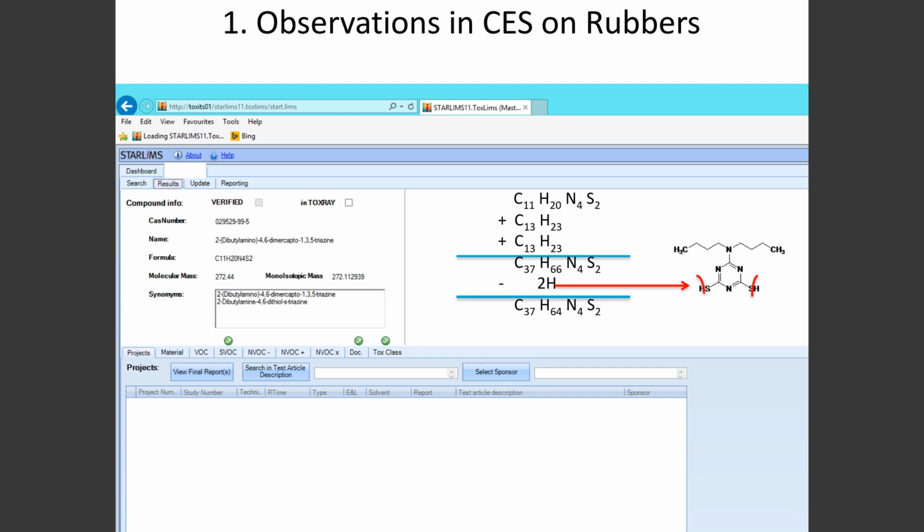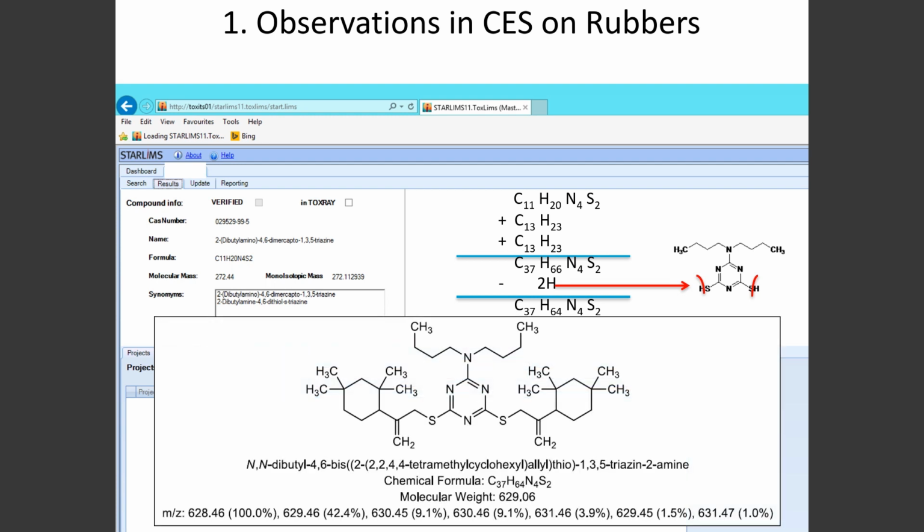We made a simple, easy arithmetical exercise to find plausible compounds, using the formula of the base structure and adding other formulas, and we easily came to structures like those on this slide. The one in the middle is a known cross-linker, and the other ones are rubber oligomers.